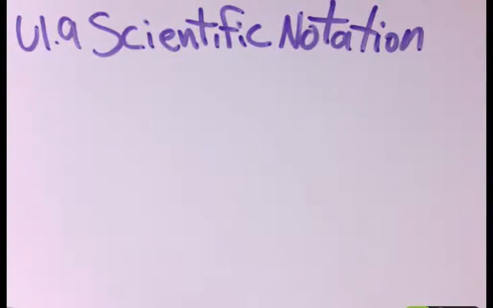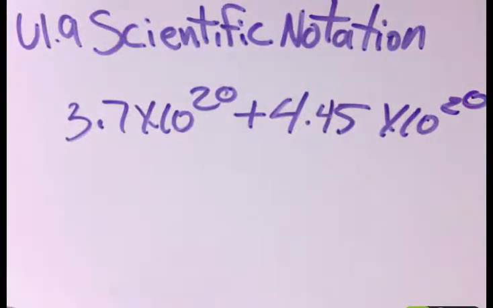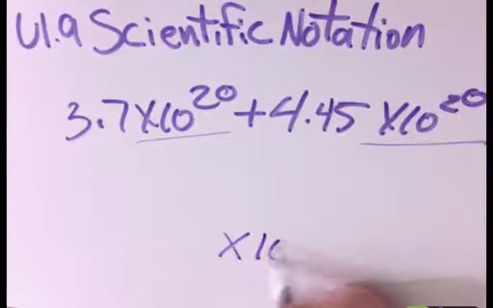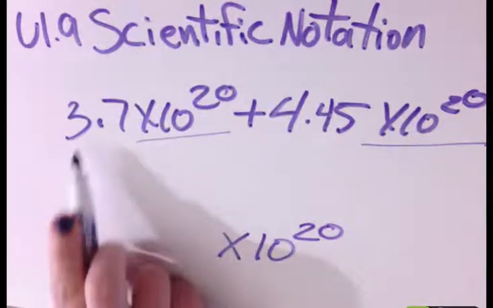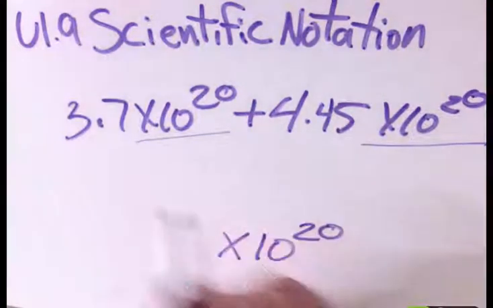Okay, so now if we were going to add two scientific notation numbers together, for example, we have 3.7 times 10 to the 20th power plus 4.45 times 10 to the 20th power. If you notice, both of the powers are the same, so we can actually keep that as our answer here, because that's not going to change. So now we have 3.7 plus 4.45, and we can just add those together.